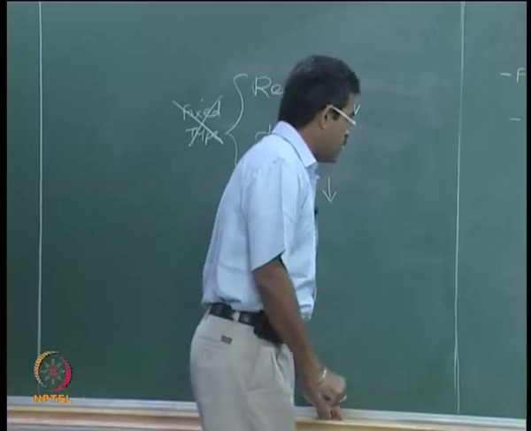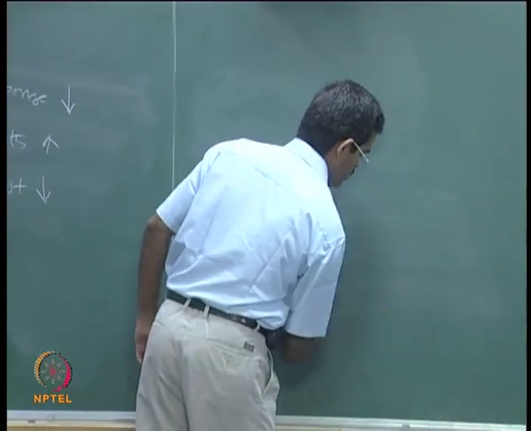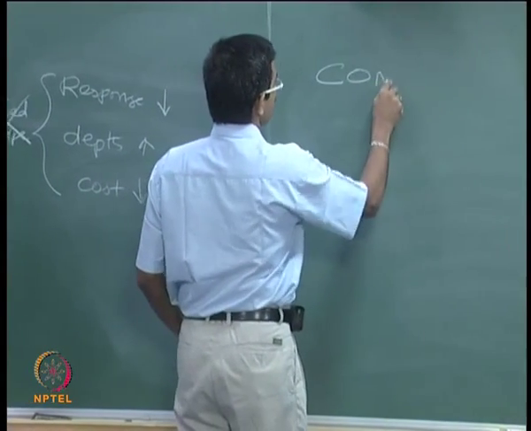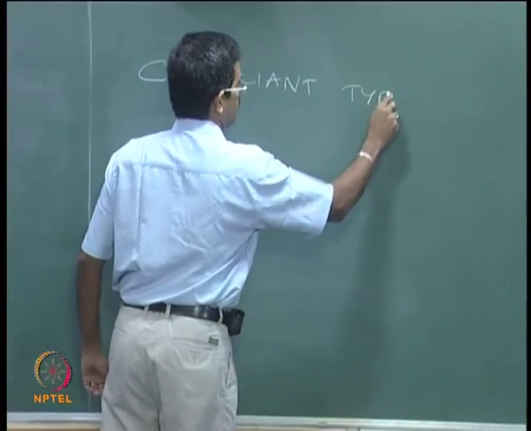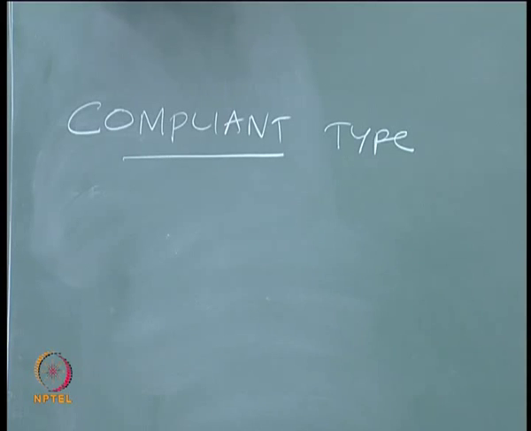Then I should go for a different form, a new form which has evolved in the literature by the researchers, which is compliant type. Please focus on this spelling, compliant type.